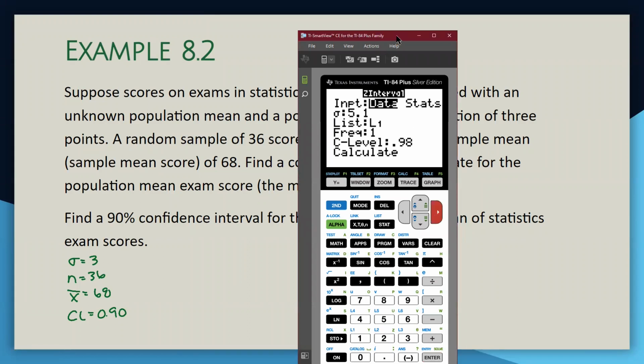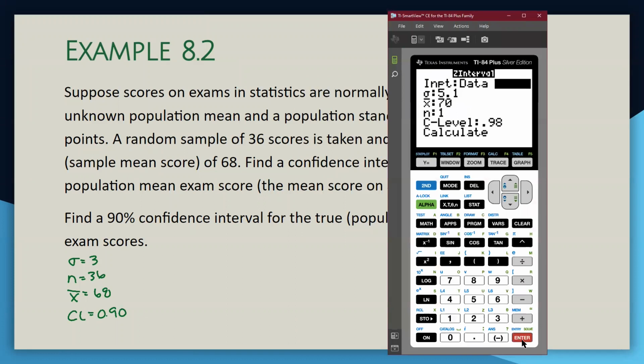We'll go back to stats here. And then we're going to enter 3, X bar is 68, sample size is 36, and confidence level 0.90. And you'll notice it gives us that pair of values, which is the lower and upper bound of our interval.